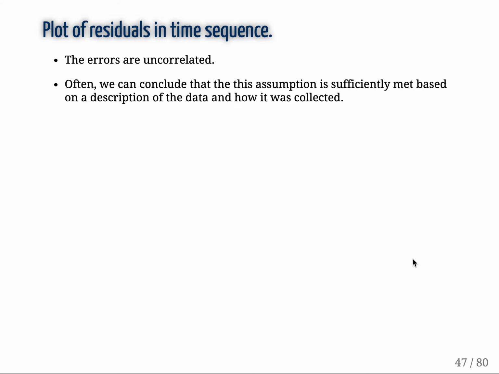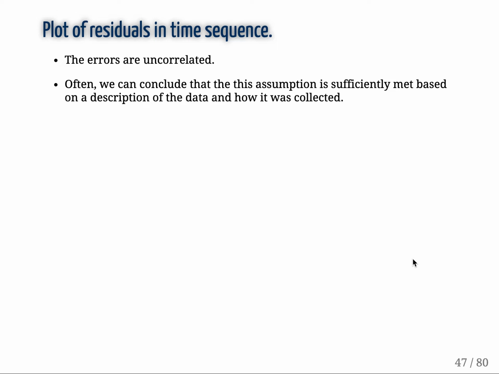If the data are obtained in a time sequence, a residual versus order plot helps to see if there is any correlation between the error terms that are near each other in the sequence. The plot is only appropriate if we know the order in which the data were collected.